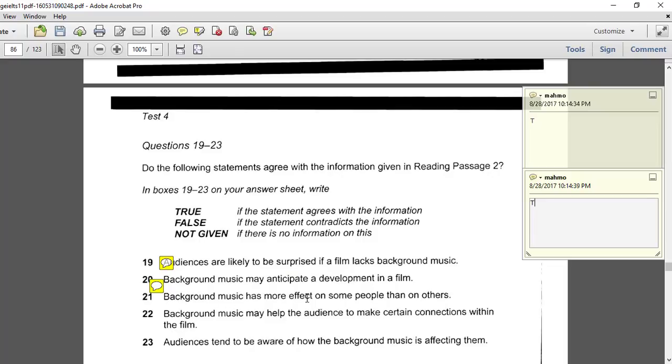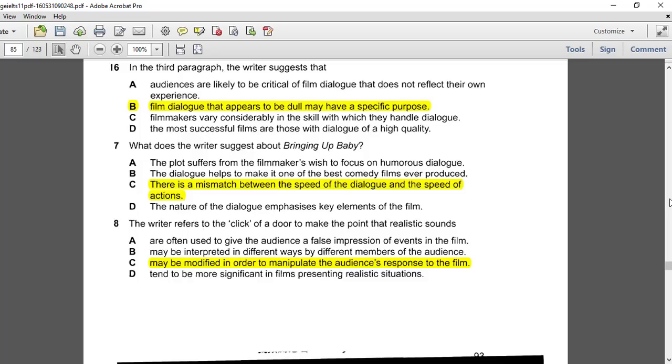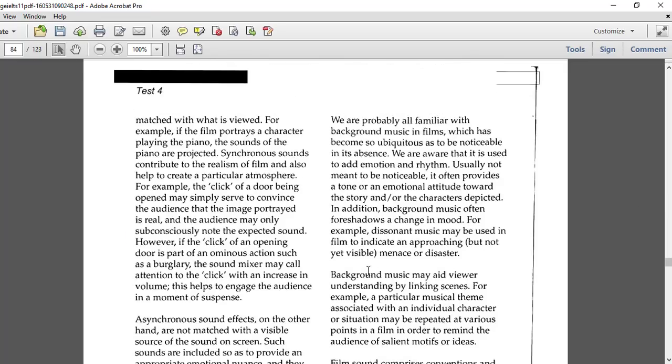Background music has more effect on some people than others. It has effect on people more than others. Let's get back to the passage and see. Okay, approaching, but not background music may aid viewer understanding by linking scenes. For example, a particular musical theme associated with an individual character or situation.